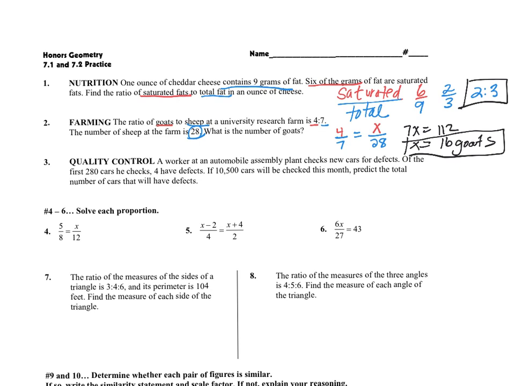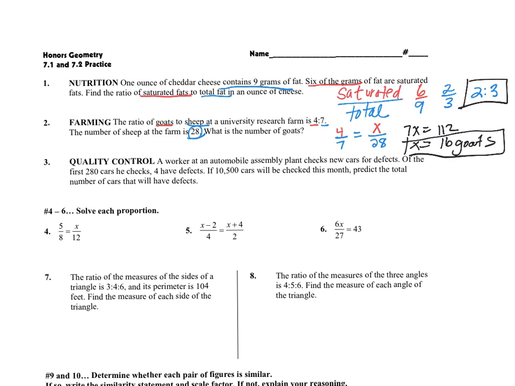Number 3, a worker at an automobile assembly plant checks new cars for car defects. Of the first 280 cars he checks, 4 have defects. If 10,500 cars will be checked this month, predict the total number of cars that will have defects.